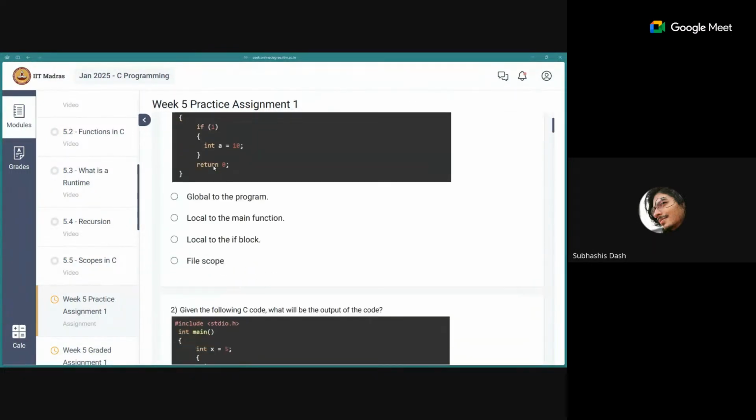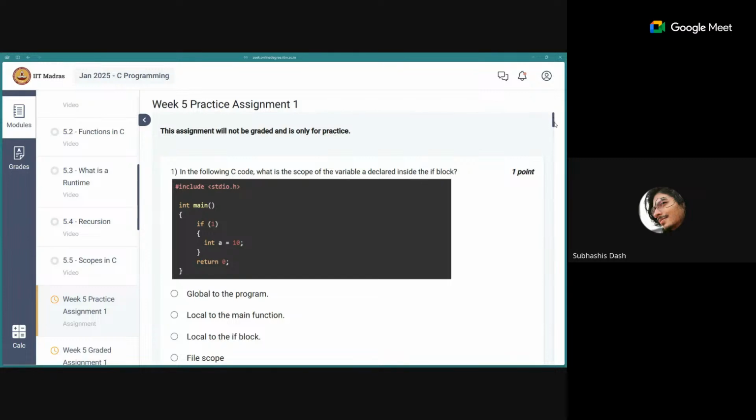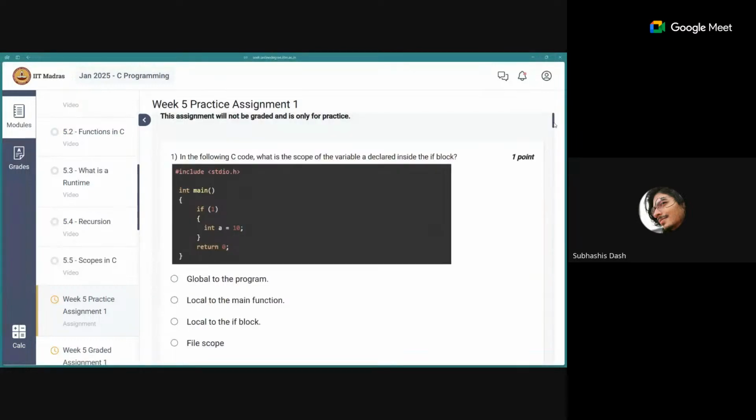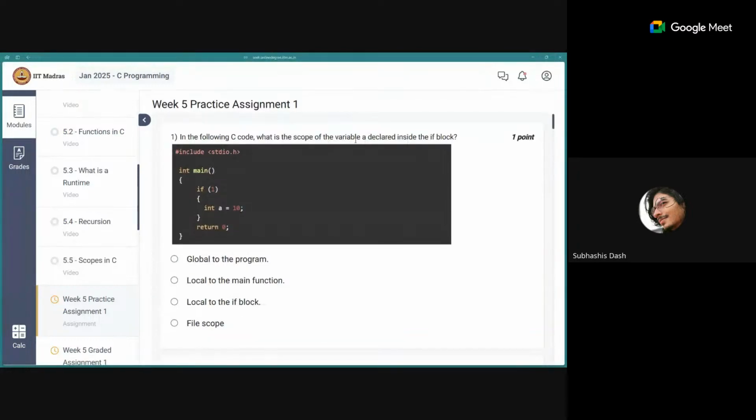Okay. So the first problem, let's just get started. What is the scope of the variable a declared inside the if block? So can anyone just tell me what scope means?